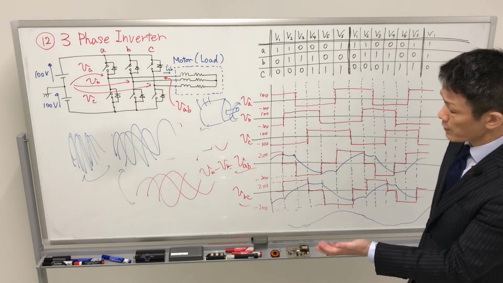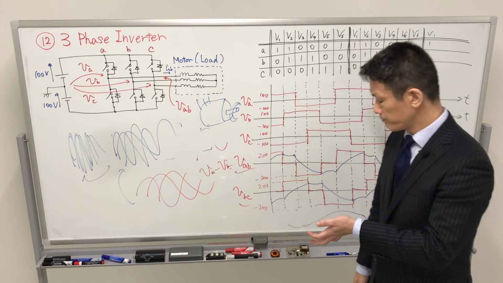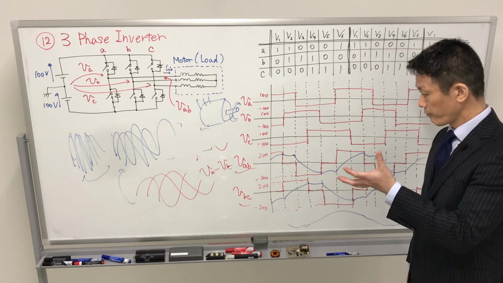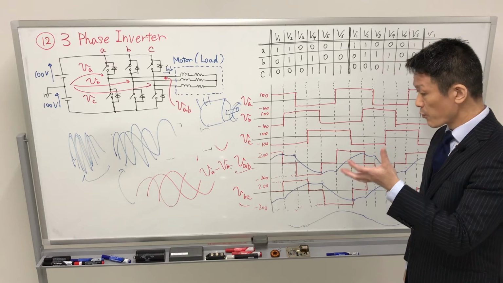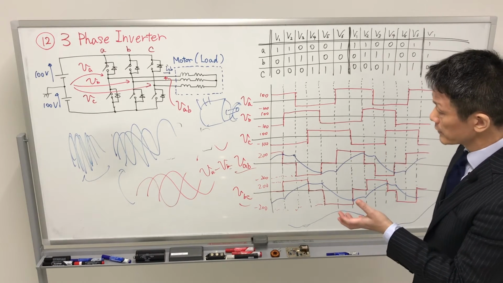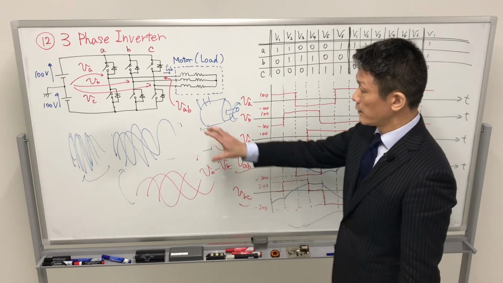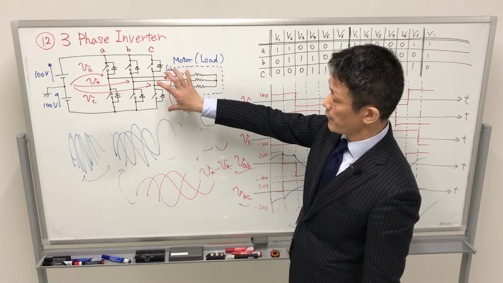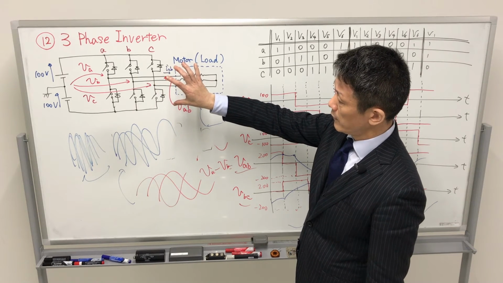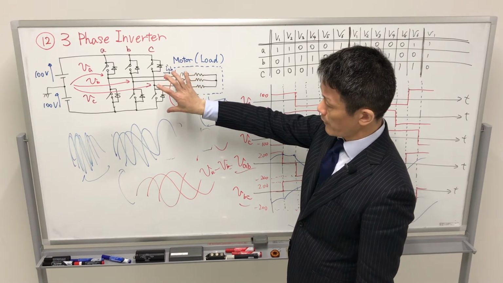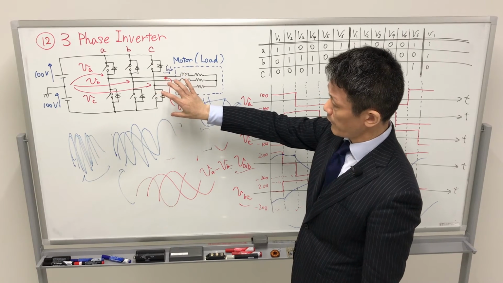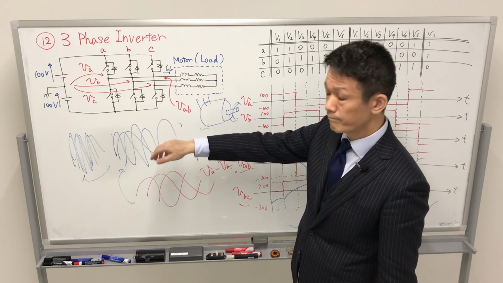High-frequency switching means switching losses increase and the inverter heats up, so the loss increases and efficiency is lower.